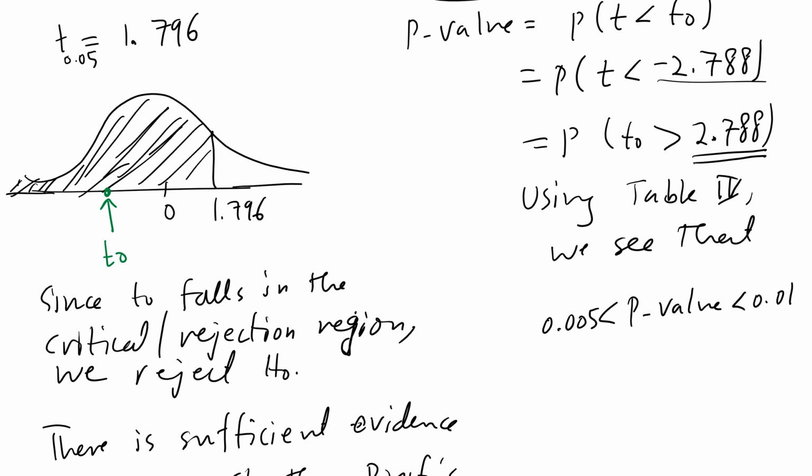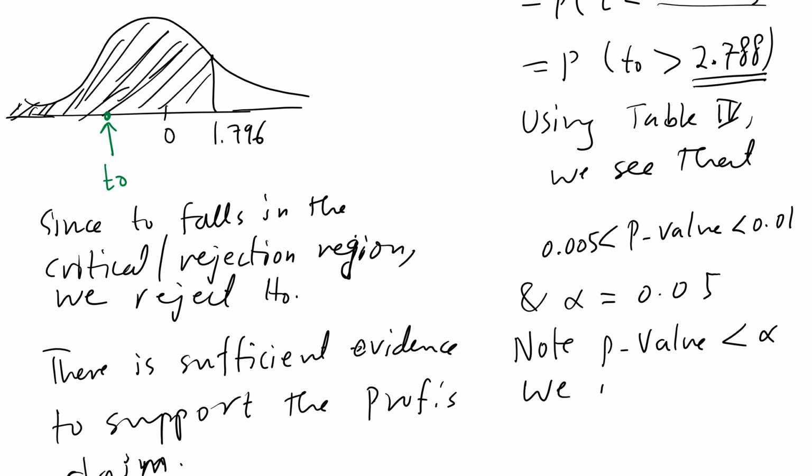And now I need to compare it, and we have alpha 0.05. So note, what do you note? Note that the p-value is less than alpha. So we reject the null hypothesis. That's how we do it.